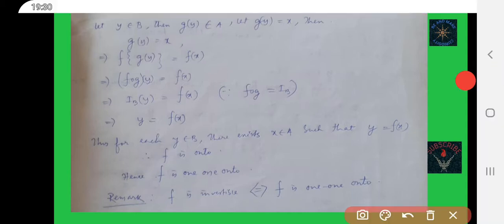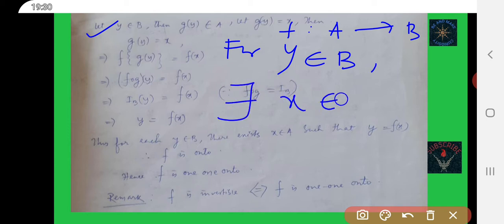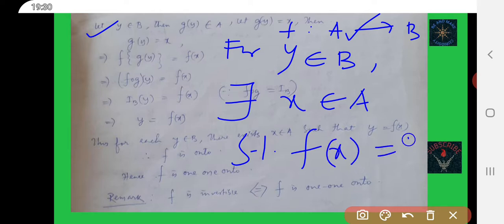So now we show that this function f is onto. For that, what do we have to do? You already know how to check onto. The function is mapping from A to B. For each value of y belonging to B, there exists x in set A such that f of x is equal to y.